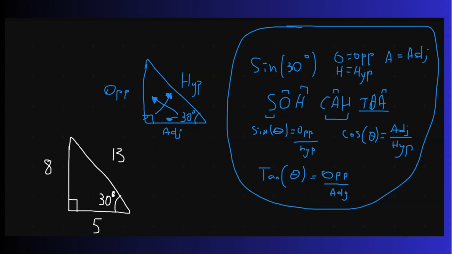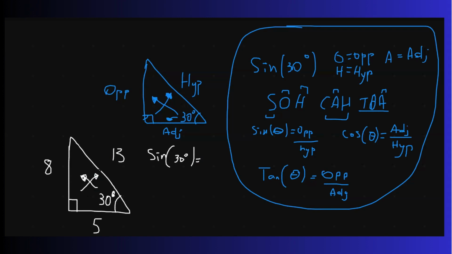Now, let's say you did take a moment to pause the video and try to look for it. So now I'm going to show you guys how to actually find it. The sine of this right triangle of 30 degrees will be, remember, SOH CAH TOA, the opposite, which is what? Remember, it's 8. Hypotenuse is 13.